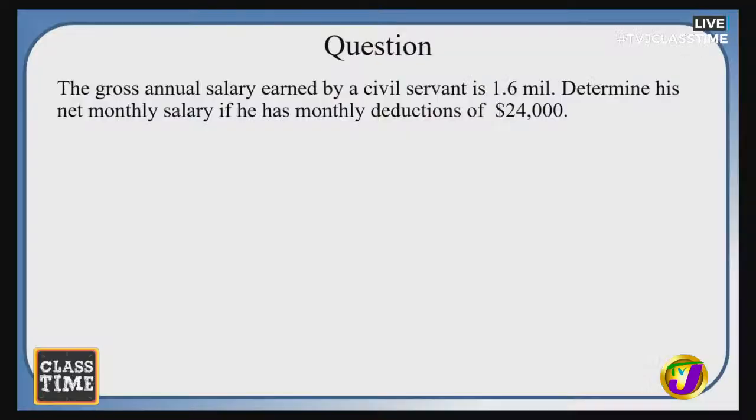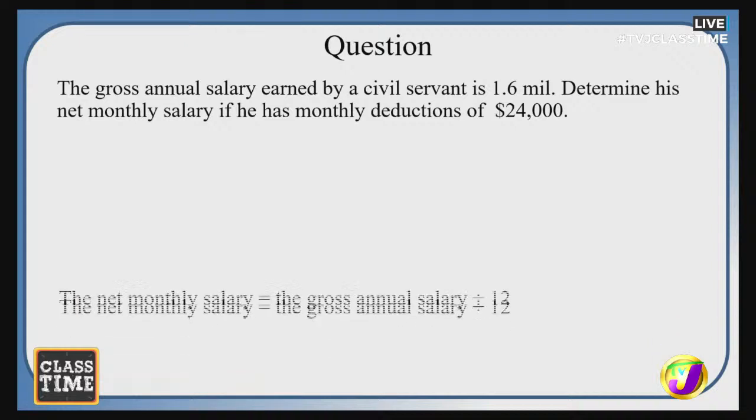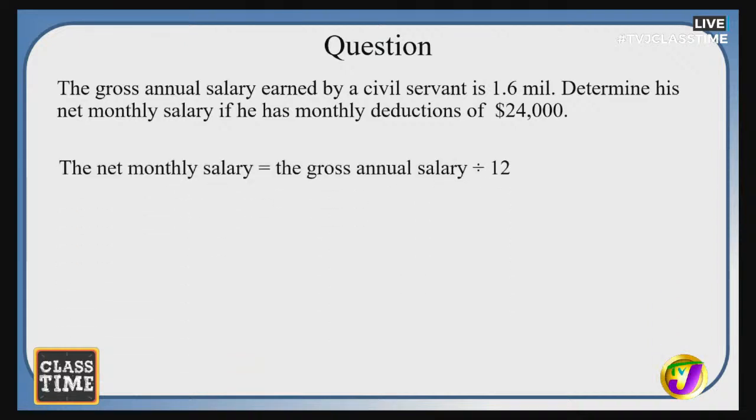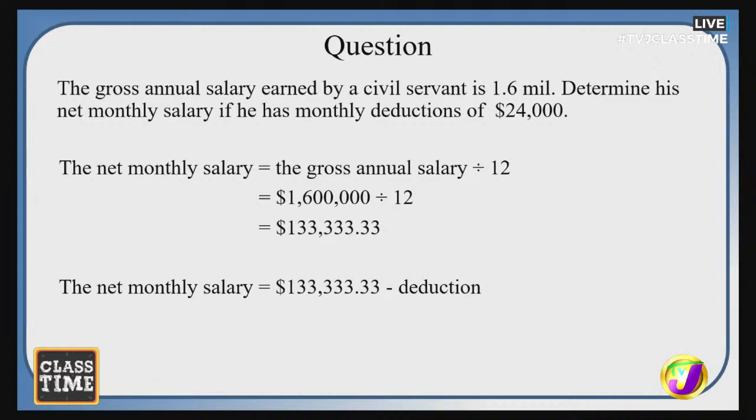So the net monthly salary would start from the gross annual divided by 12. We identified the gross annual to be $1.6 million, divided by 12. So monthly, you would be getting $133,333 and 33 cents.